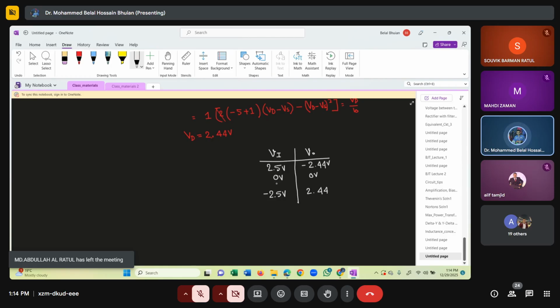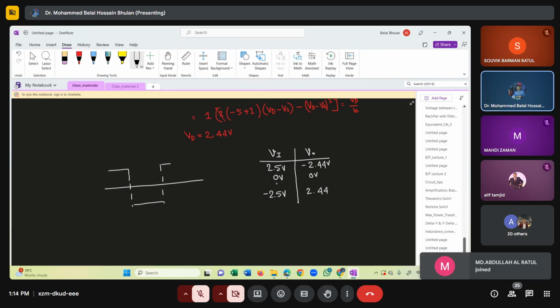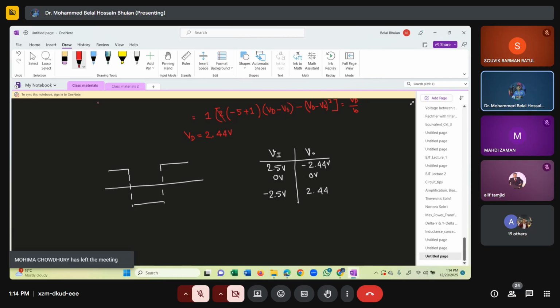If I show the logic level, the logic level is actually around 2.5 to around minus 2.5 or 2.44.